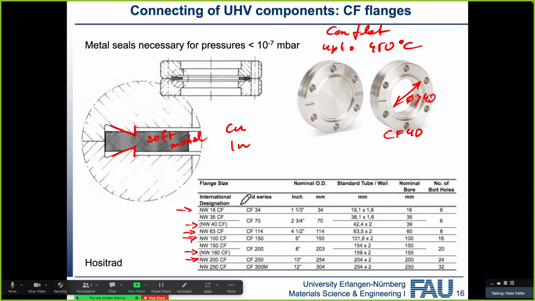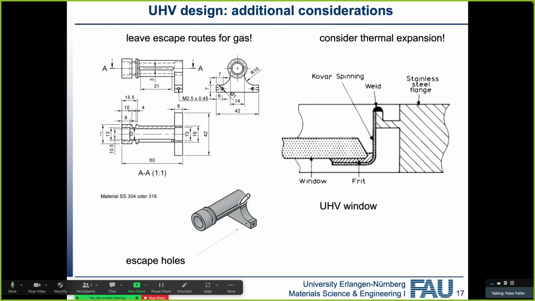Olli is building that system, where we need a rectangular window, and then you have to design it yourself essentially, and everything becomes custom-made. Everything takes much longer to make, much longer to order, and you get no guarantee that it works. With these standard ones, you can just buy them, and a small flange will cost very little money, even though most of the ultra-high vacuum systems do cost a lot of money.